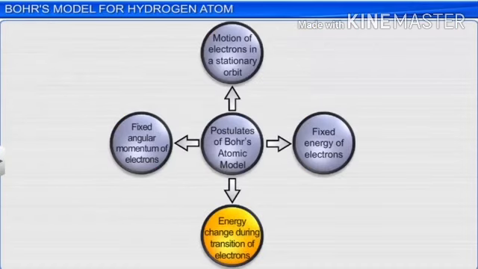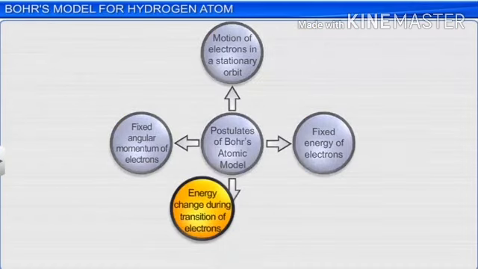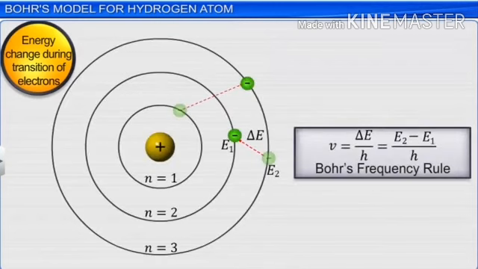The third postulate of Bohr's atomic model states the energy change during the transition of electrons. As I told you, transition of electrons means jumping of an electron from one orbit to another. That jump we call a transition.